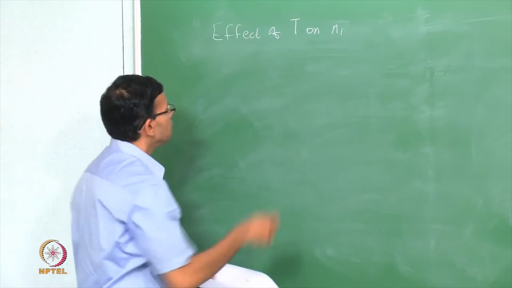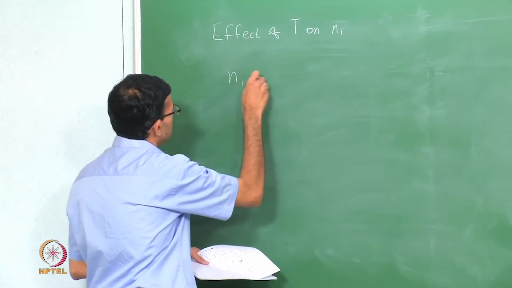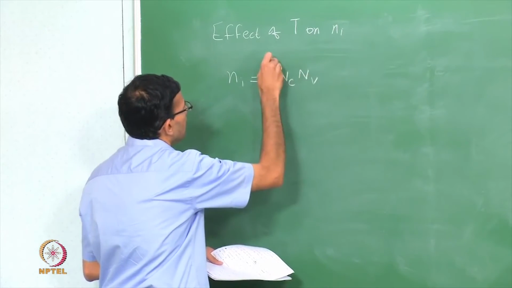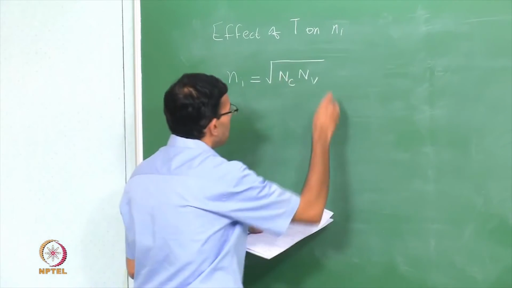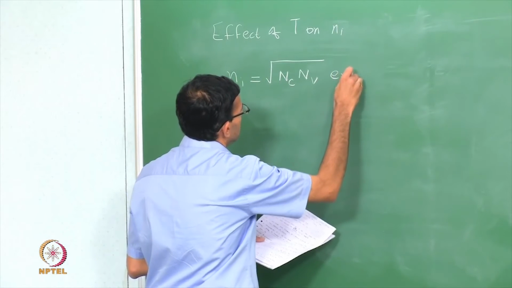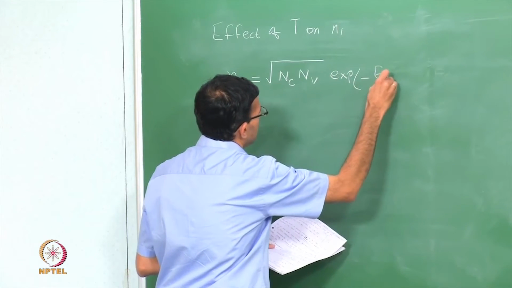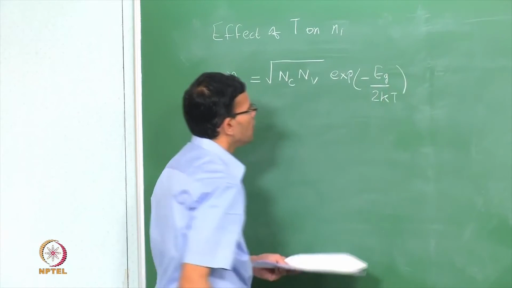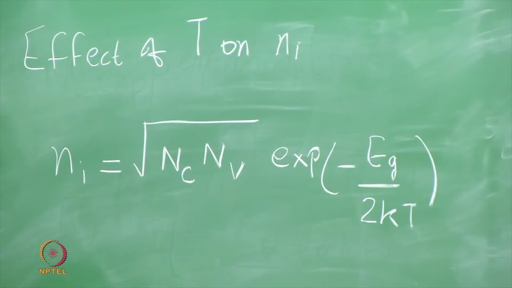We will go back to this expression for the carrier concentration, Ni equals square root of Nc Nv, exponential minus Eg over 2 kT. The question is, what happens when we increase the temperature?